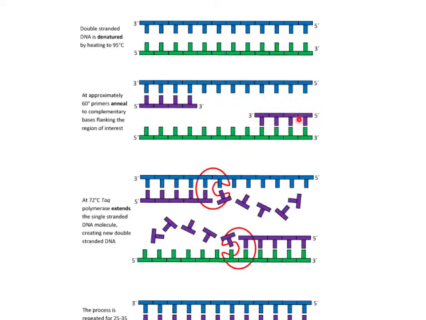Okay, so they're complementary to bits of the DNA, and these are called primers. Okay, we need two different types of primer, a primer that will bind to one half of the DNA, and a primer that will be complementary to the other half of the DNA too.